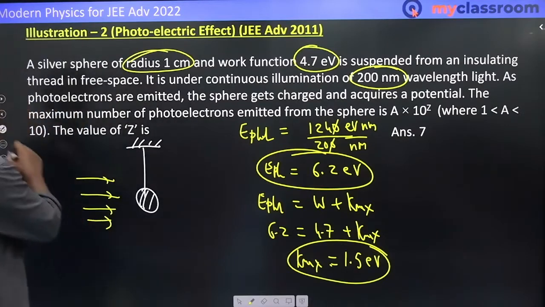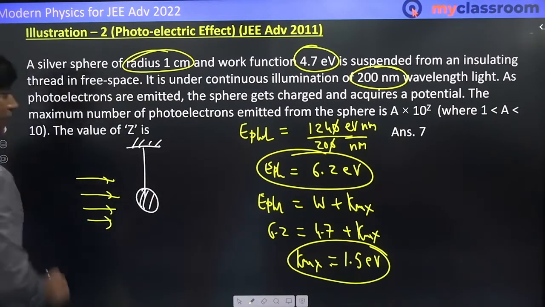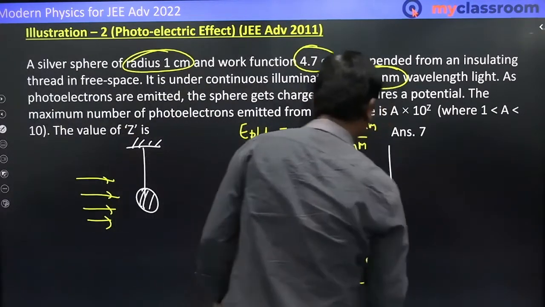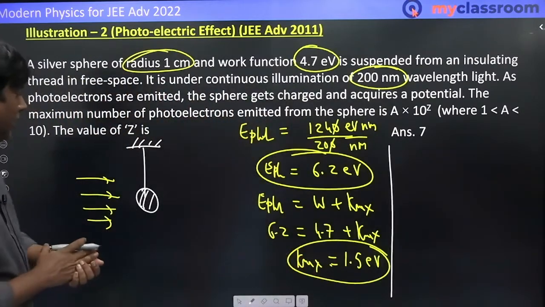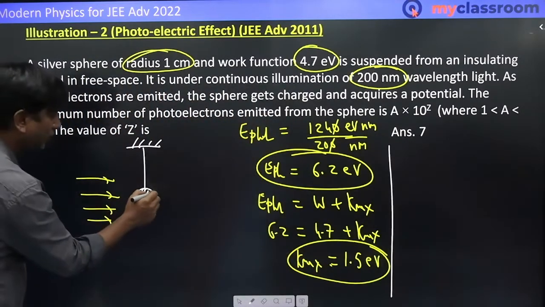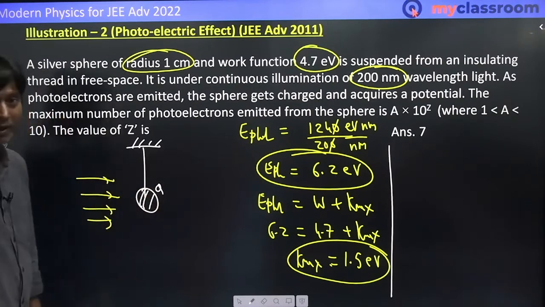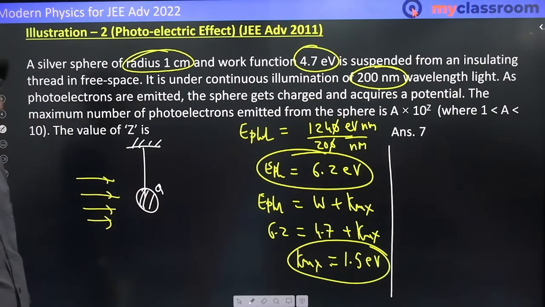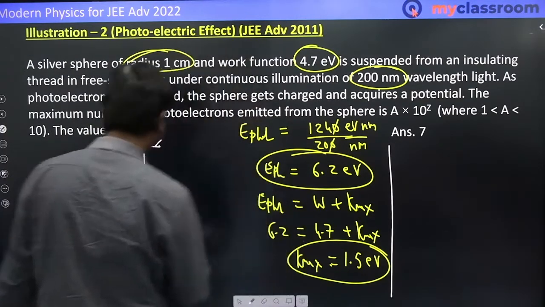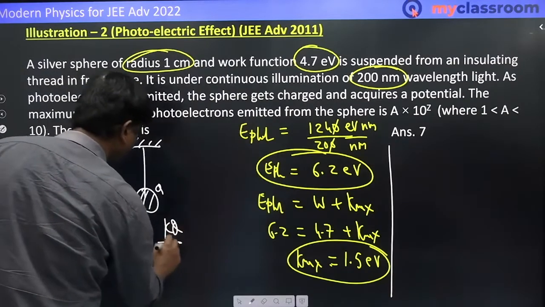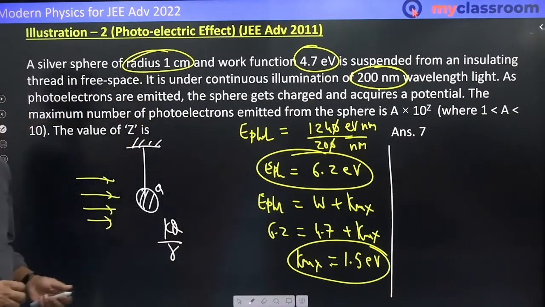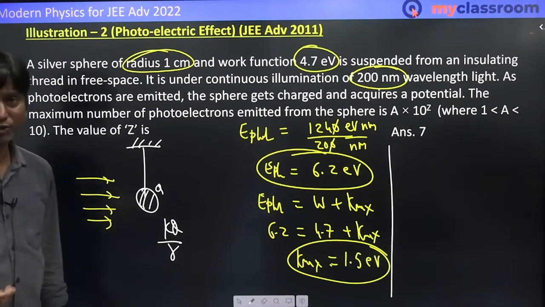So what is the step that you have to make here? Let us say it has acquired a positive charge of Q. Once it has acquired a positive charge of Q, what will be its potential? Is it not KQ by R? That is nothing but KQ by R from electrostatics.